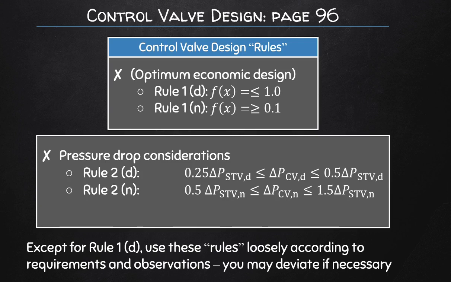Just remember to think about it and make a call that is a good compromise if in any event it comes to this, where rule 2N doesn't really fit, but rule 2D is good. Okay, so you just have to get a good feel for this.